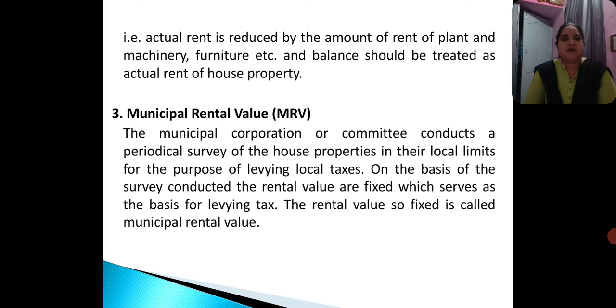So municipal rental value is the rental value fixed by the municipal corporation or the committee. In order to fix this rental value, what does the municipal corporation do? They conduct a periodical survey of the house properties in their local limits, with the main purpose of levying local taxes.